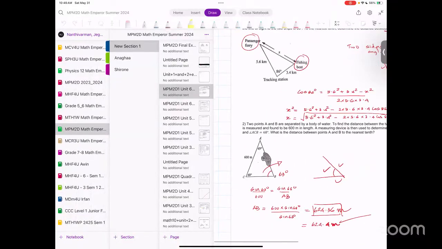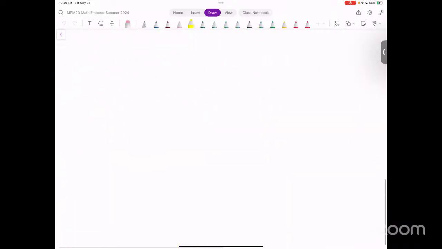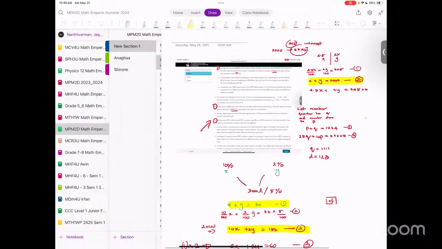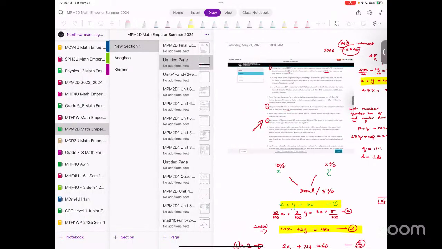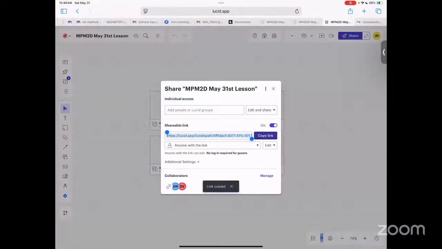I did talk about sine law and cosine law. So now I'm going back to see your skill set in factoring and quadratic relation review.